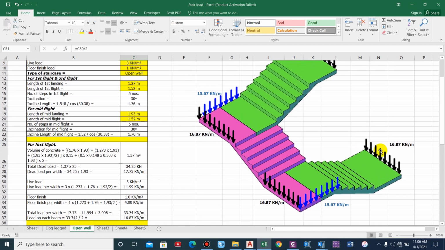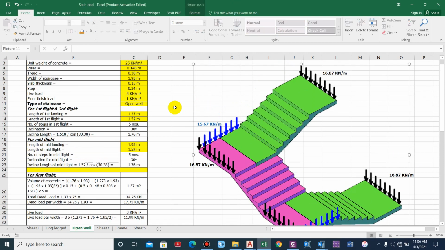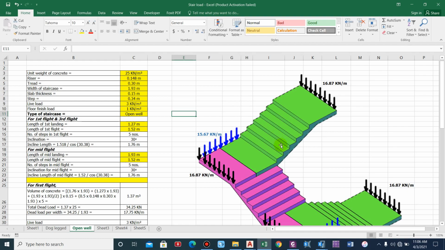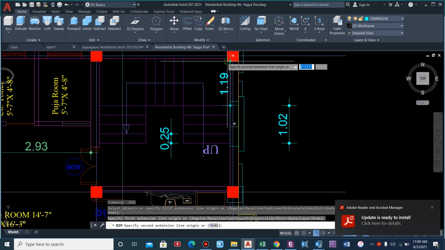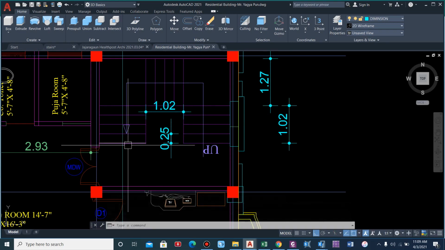So now the difference is that 16.87 in this flight, and for the mid flight we have 15.67. Now let us apply this load and we'll consider our new case. Okay, let's take the dimension, and there is a beam over here, so we'll not take the landing portion.